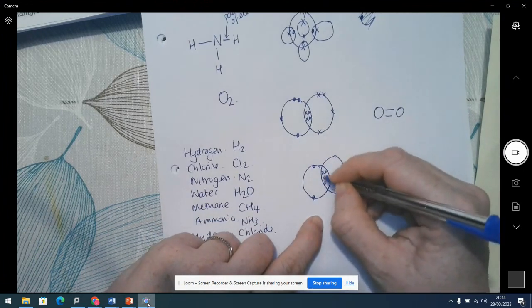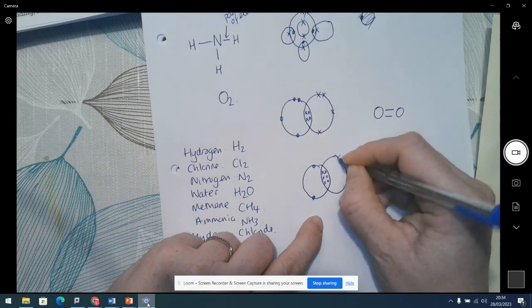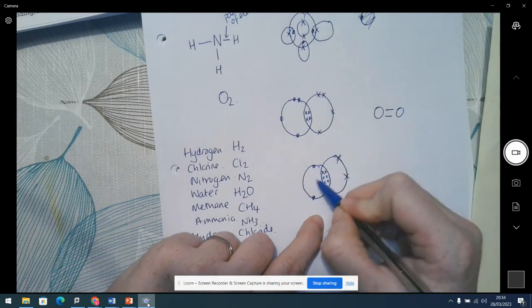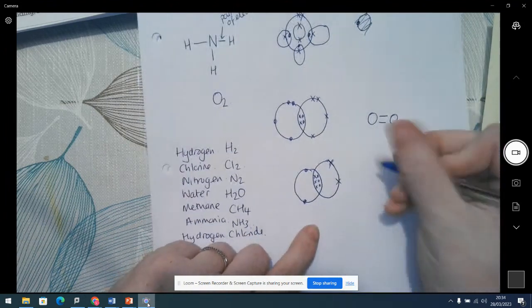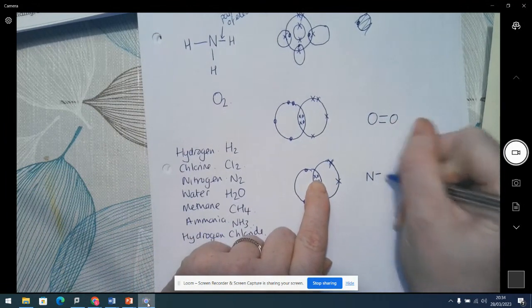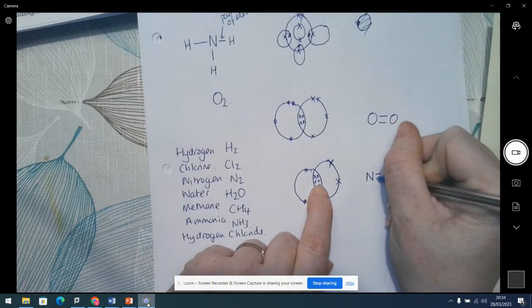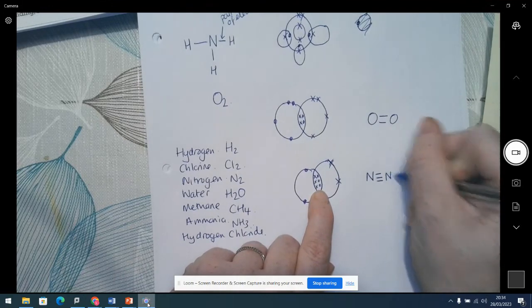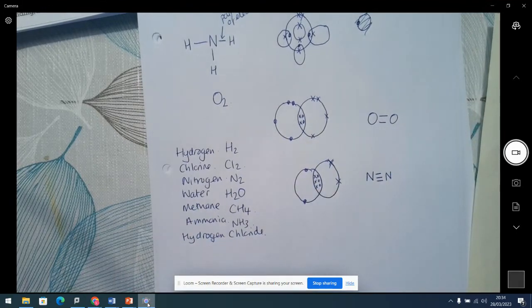And again over here, this has got 6 electrons, so it needs 2 more. So each pair of electrons is a bond. So again, here I've got 3 pairs, so that line would be there. I've got my second pair there, and my third pair there, and that is the bonding for nitrogen.